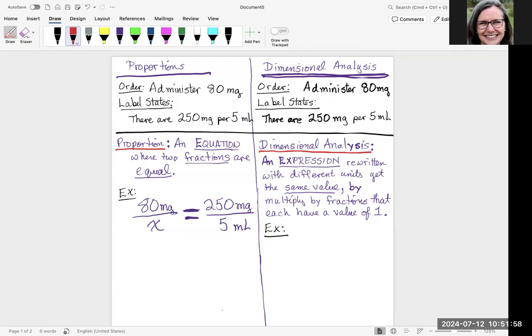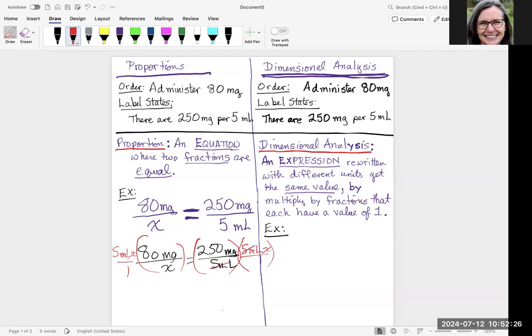In this equation, if I multiply or divide both sides by the same thing, so in this case, I have 80 milligrams over x is the same thing as 250 milligrams over 5 milliliters, and I multiply both sides of the equation by my denominators, 5 milliliters times x and 5 milliliters times x.